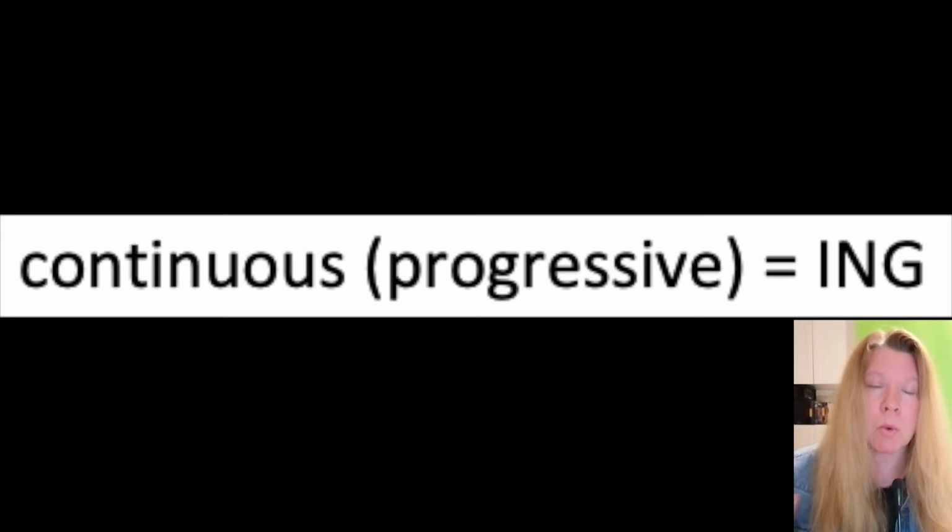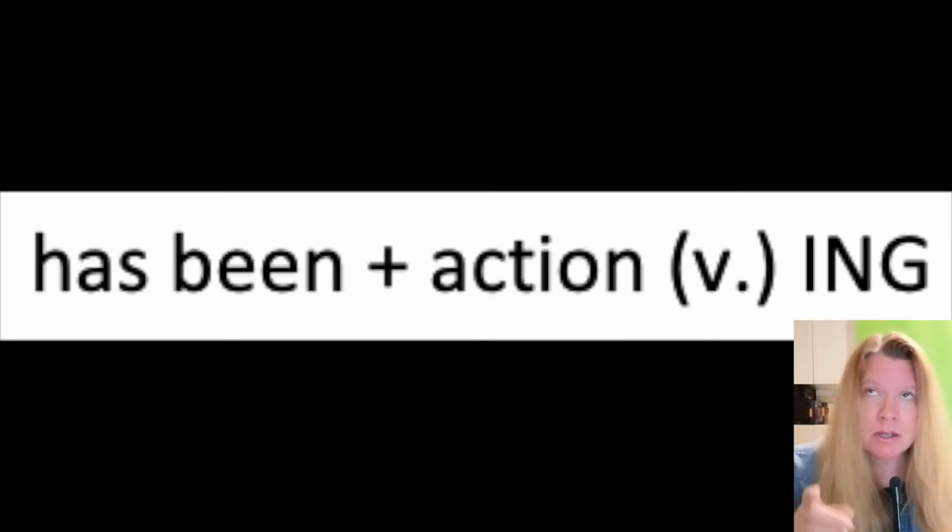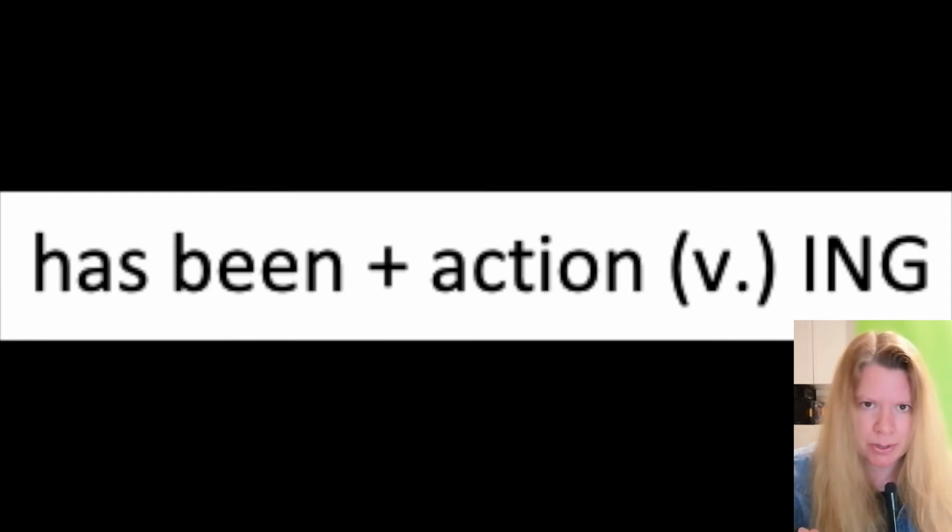Oh my, why? Why did someone decide, well, let's say progressive? Continuous and progressive are the same thing, not two different things. So if your teacher is saying progressive, I want you to remember it's continuous. It means the same thing. Please don't get confused. And all that word means is adding ing to the action.